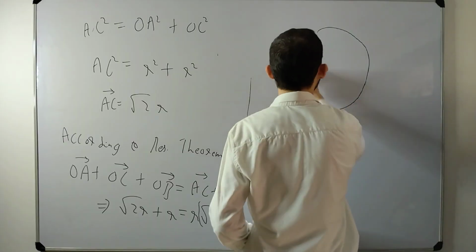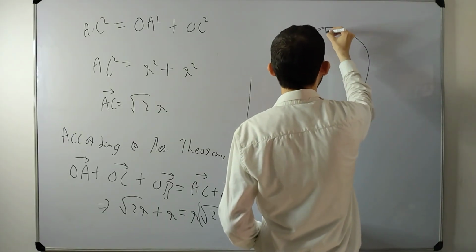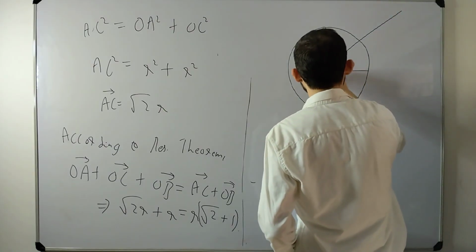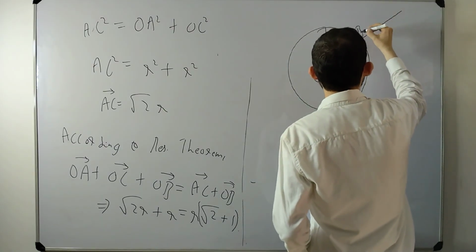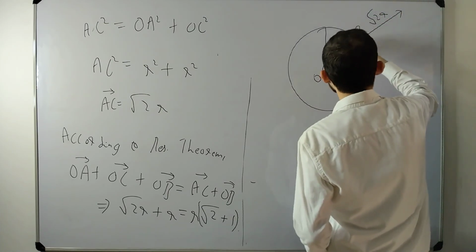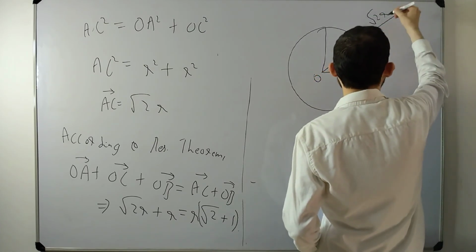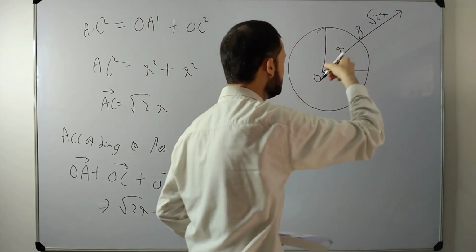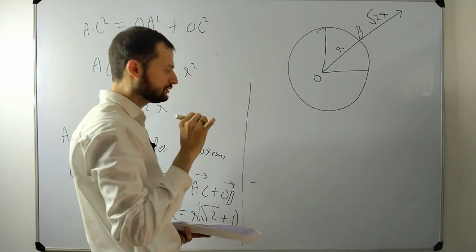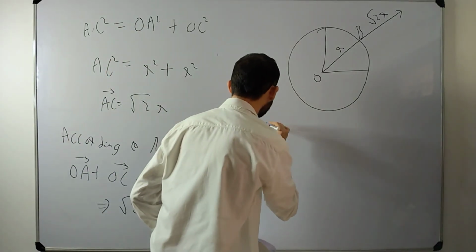So after drawing the figure, it comes out to be this. This is OB and this is under root 2 R. Right, students? So this is the true length of all the vectors combined. Okay, so this is the thing. Next question.